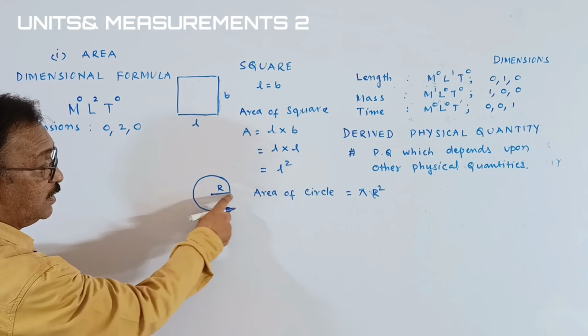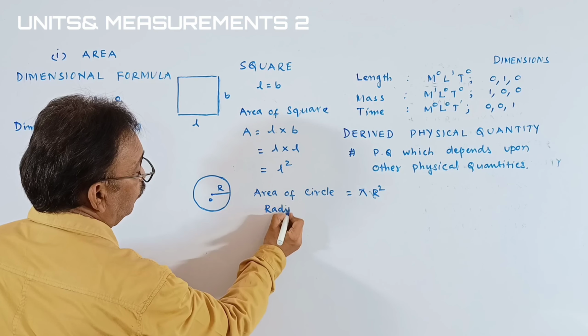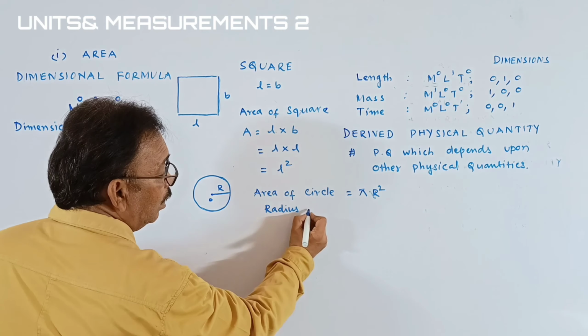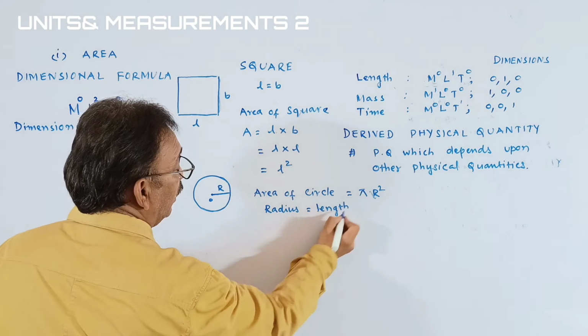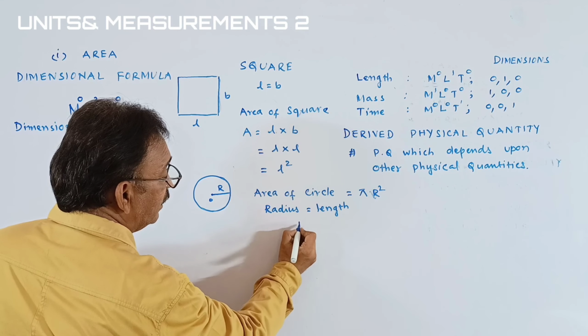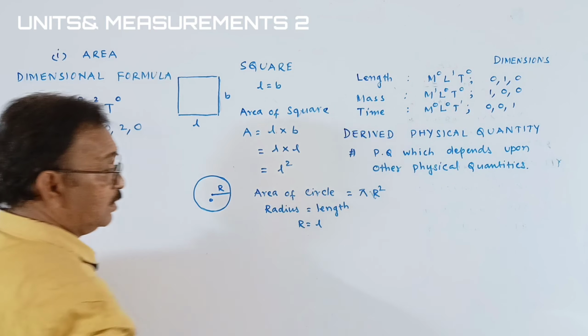Here r is the radius, students. Radius is length only, isn't it, students? Then you can write radius as L.